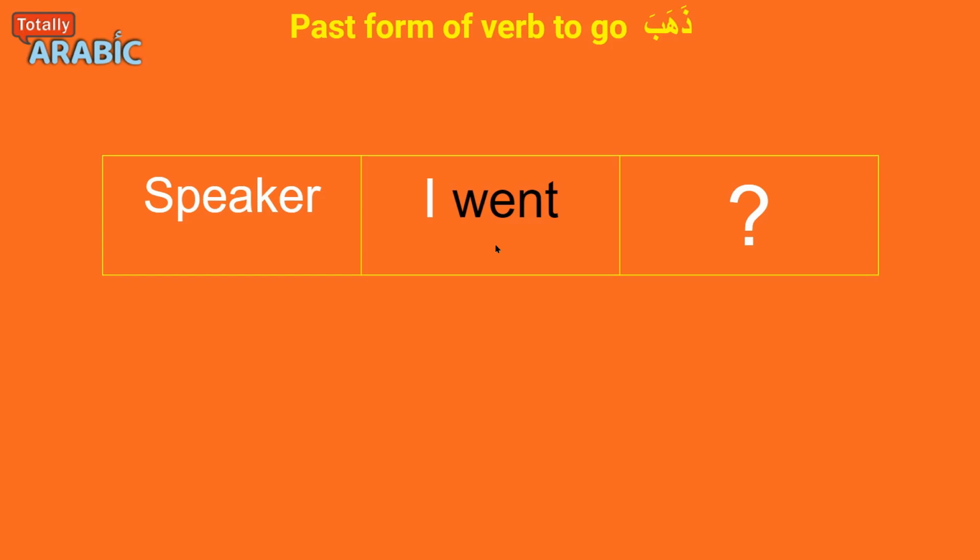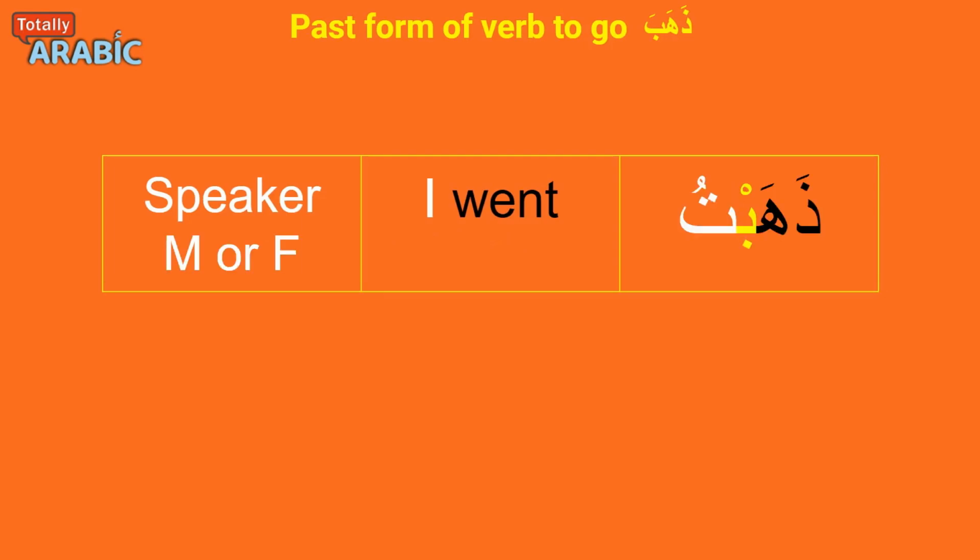For example, I say, I went. The verb is actually went, but the person who did the action is I. So it is a speaker. This is the first thing that we need to keep in mind in Arabic: who is the doer of the action? If it is a speaker, this verb is formed like this.